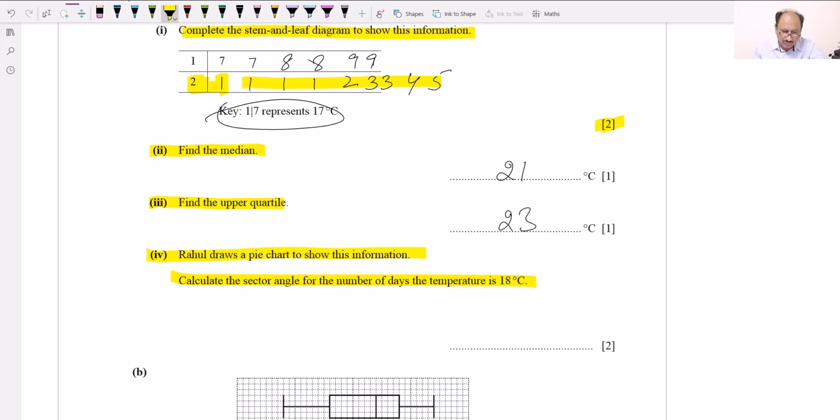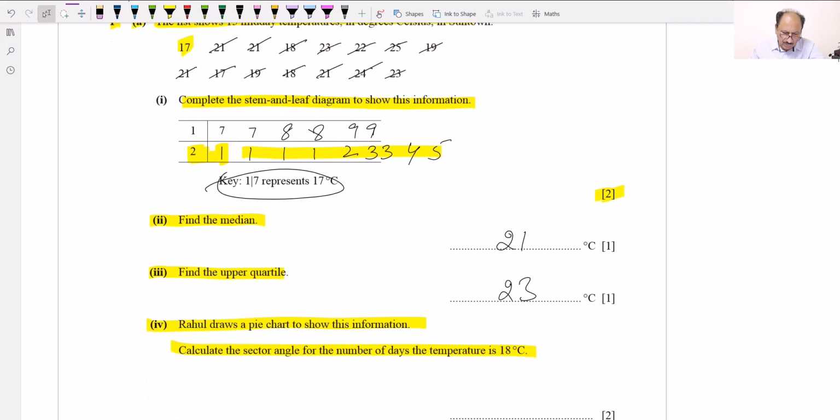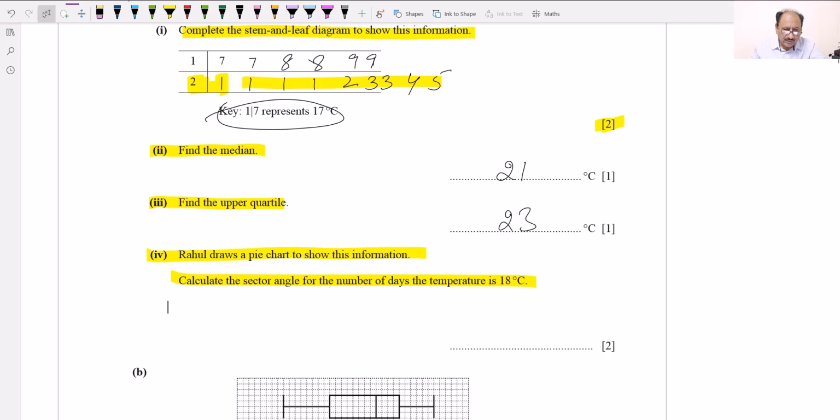We are having 15 midday temperatures, and 18 occurs 2 times, so it will be 2 out of 15, multiplied by 360 for the sector angle.